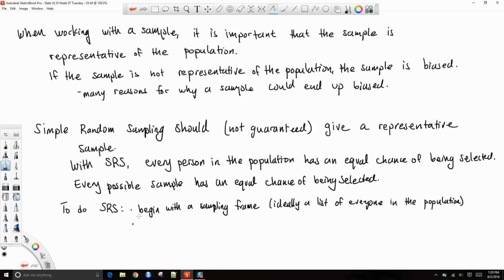No such list really exists. But anyway, assuming you do have a list of everyone or something very close to everyone in the population, then you select individuals one at a time at random from the sampling frame.